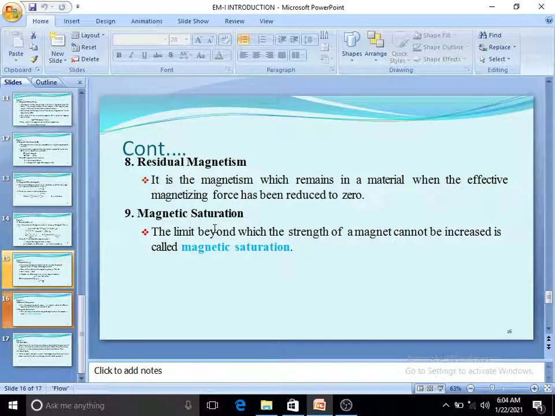Then after some time you are not pumping the current through that conductor, still it acts as an electromagnet. This mechanism is nothing but residual magnetism. It is the magnetism which remains in a material when the effective magnetizing force has been reduced to zero. Even when the magnetizing force is zero, some magnetism property will still exist, which is your residual magnetism.